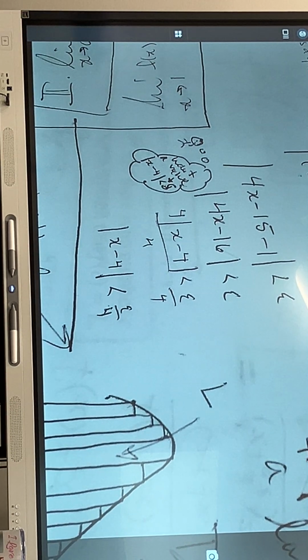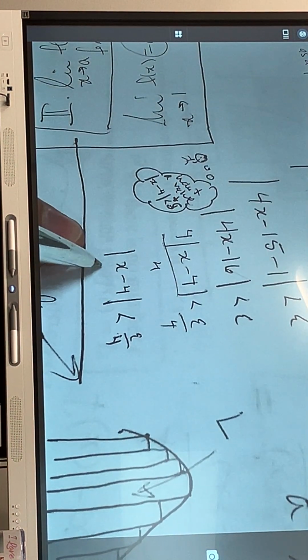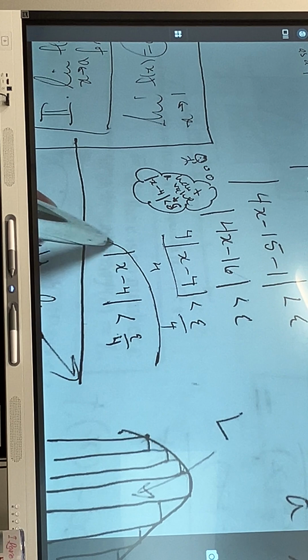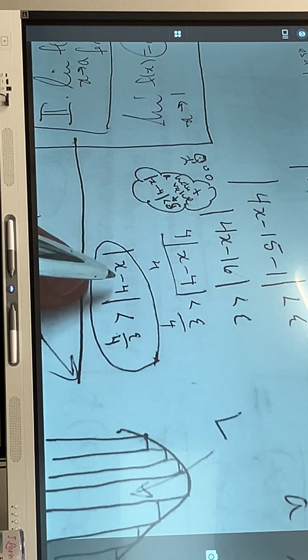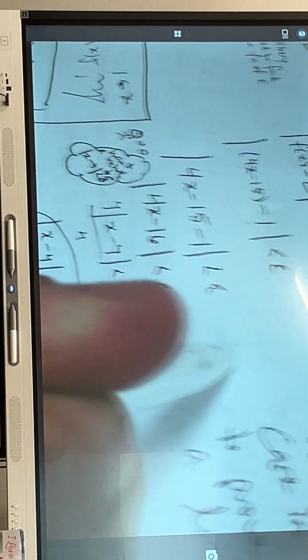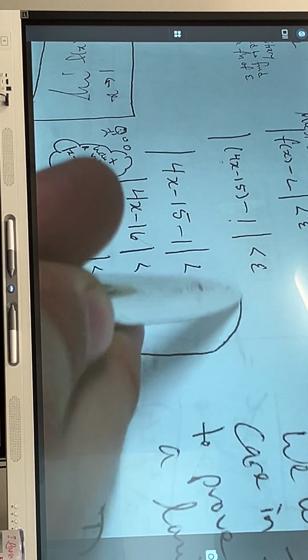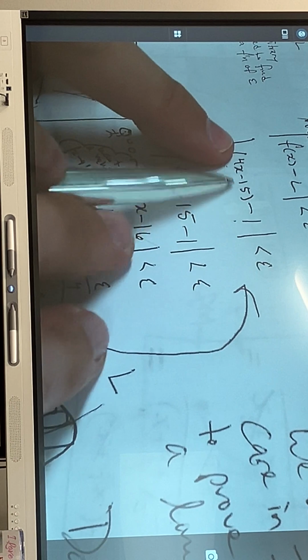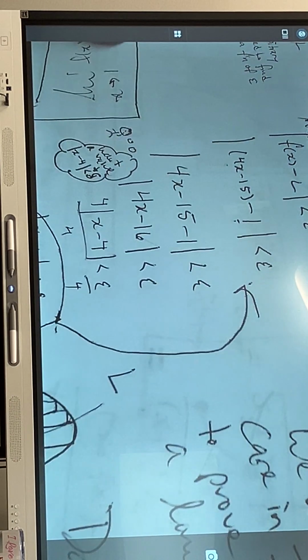So it's like we did a little dive down, and then we backed back up, because now we found out if the absolute value of x minus 4 is less than epsilon over 4, we can just reverse all of these steps and end up here: that the difference between the function value and 1 is less than epsilon.